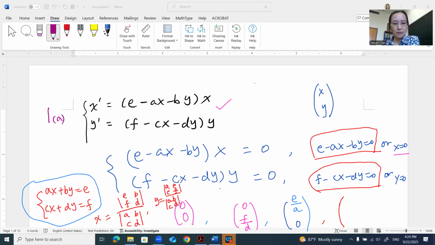So that is the determinant of this matrix over the determinant, and we can find the Y value. Based on that, we find another equilibrium solution.